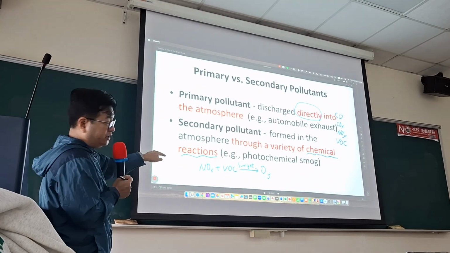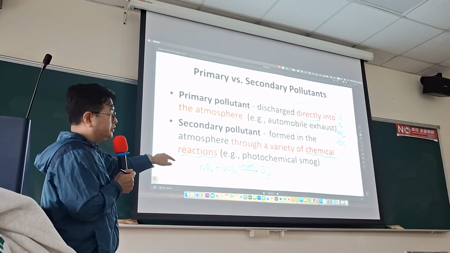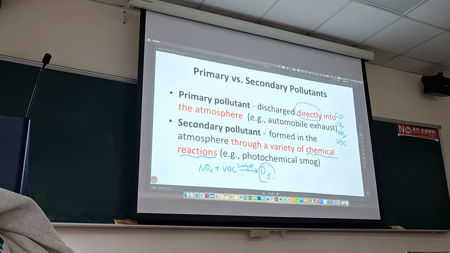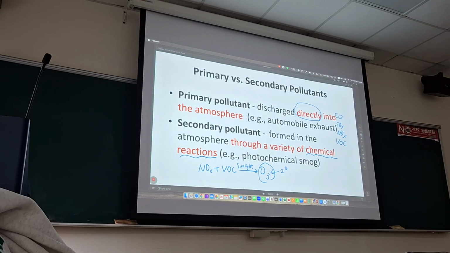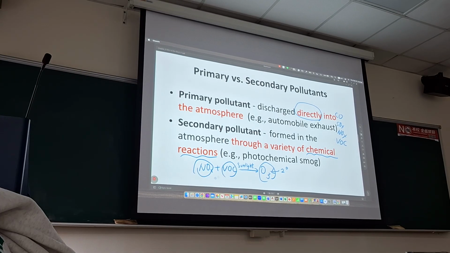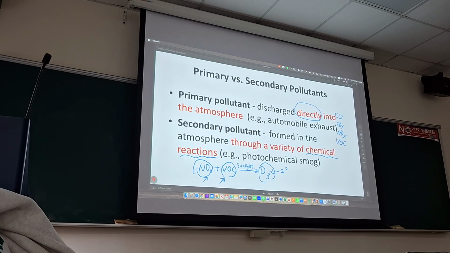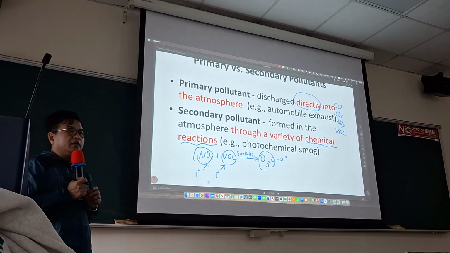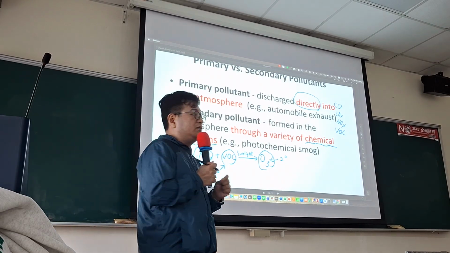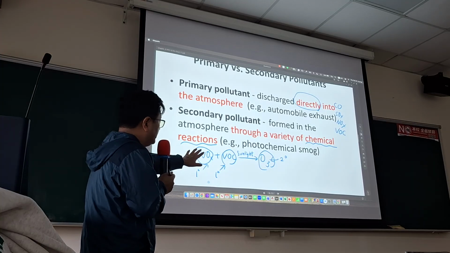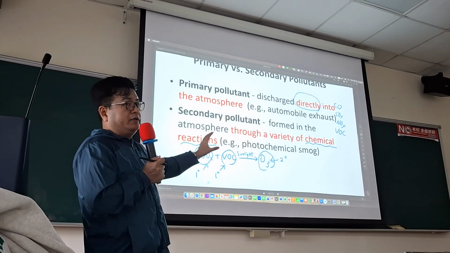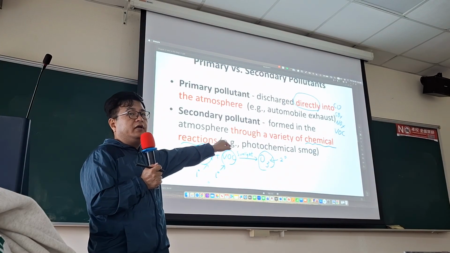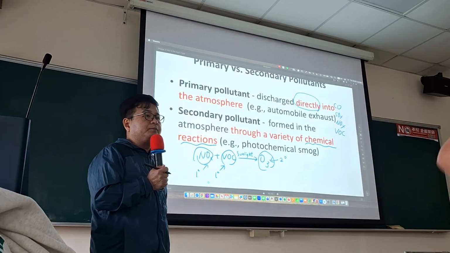This reaction is so-called secondary. So ozone is secondary; these two are primary. Understand? So NOx and volatile organic compounds are primary pollutants, and ozone is a secondary pollutant.